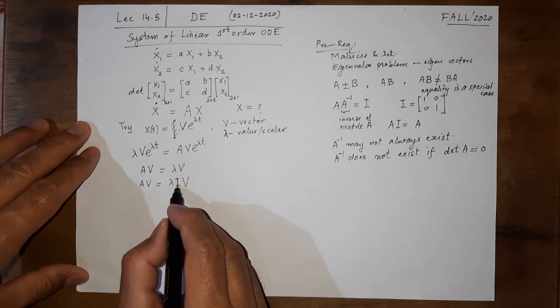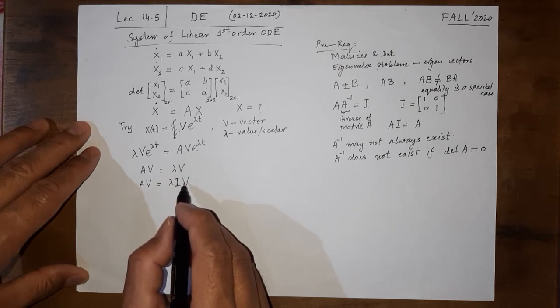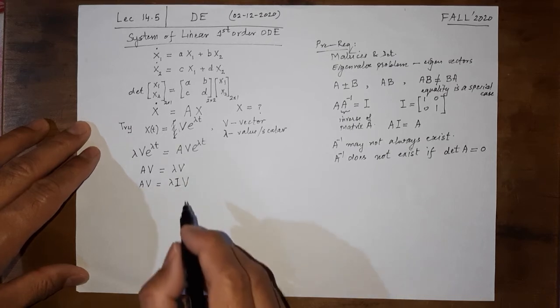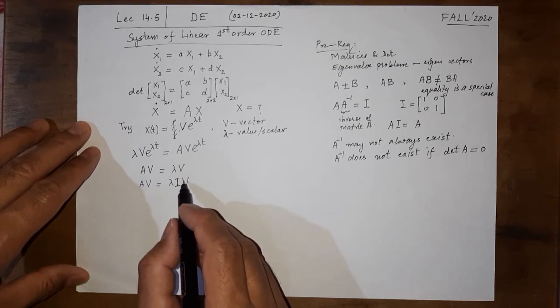So identity matrix times V is still going to be V.